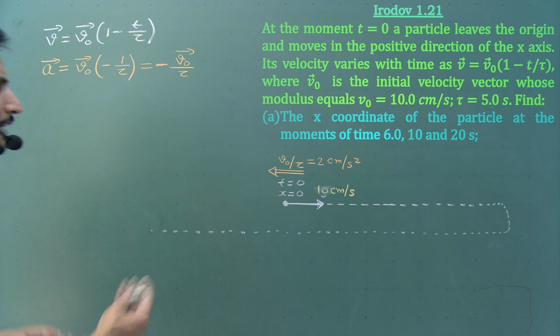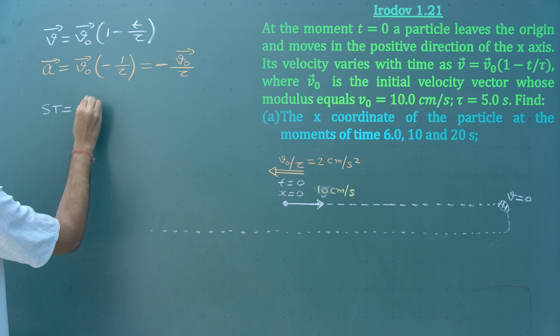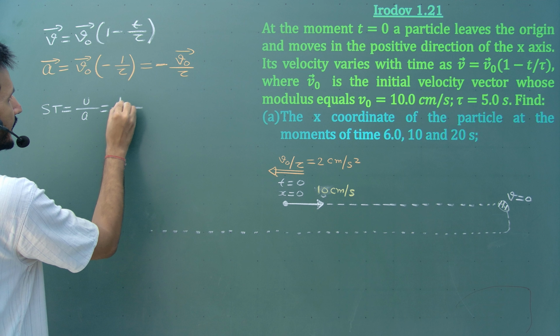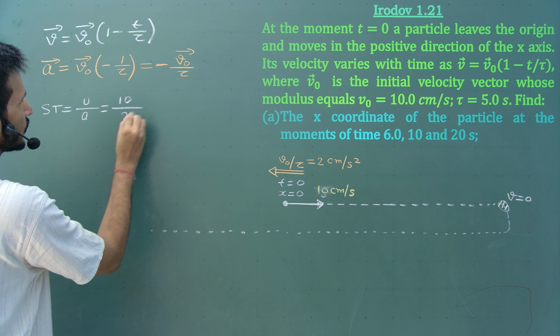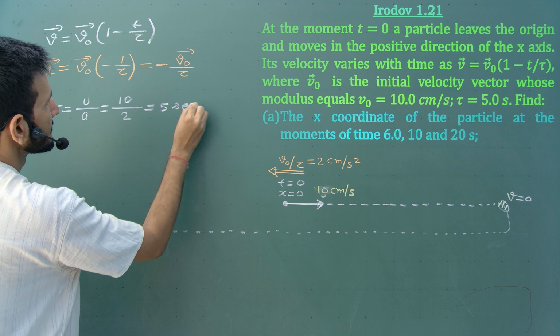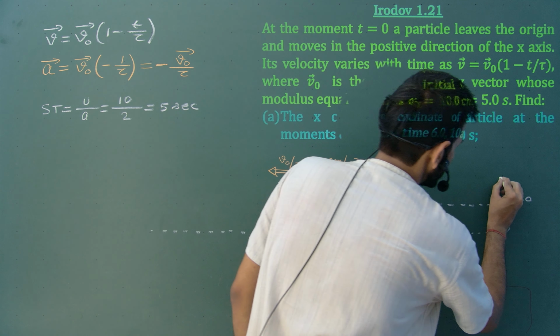Now we can calculate the moment when its velocity becomes 0. This time is called the stopping time, and the formula of the stopping time is initial velocity u divided by acceleration a. So initial velocity is 10 and acceleration is 2. So the stopping time is 5 seconds.